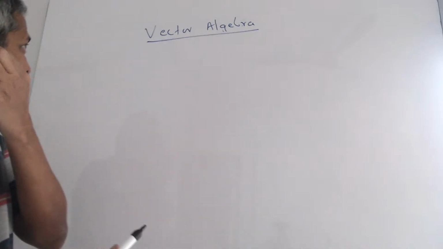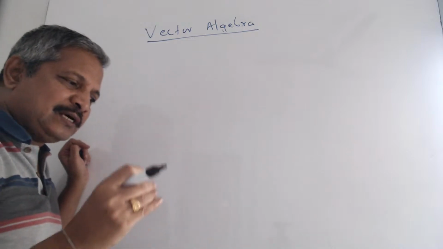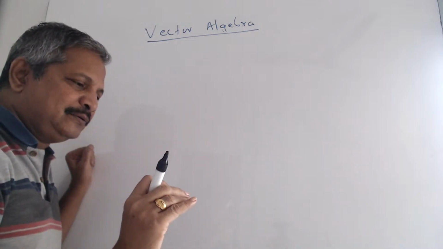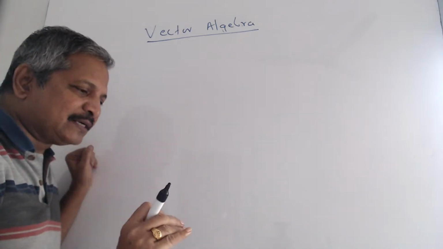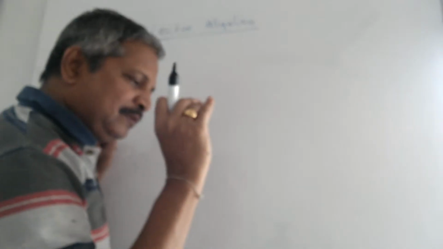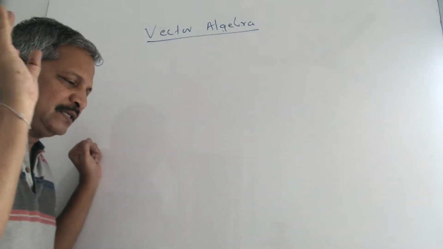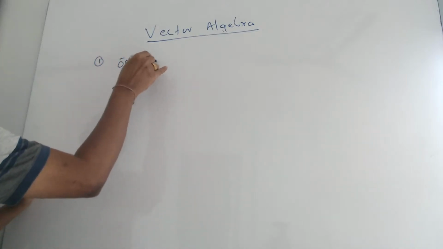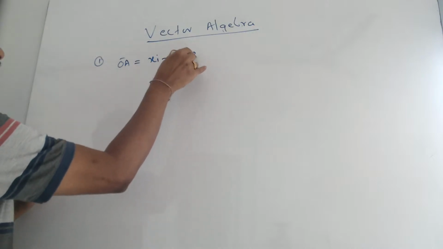Now, a vector is a physical quantity having both magnitude and direction, that we know. And a vector which is measured from a fixed point is called a position vector. If I take a vector OA bar, we can write it as xi, yj, zk.